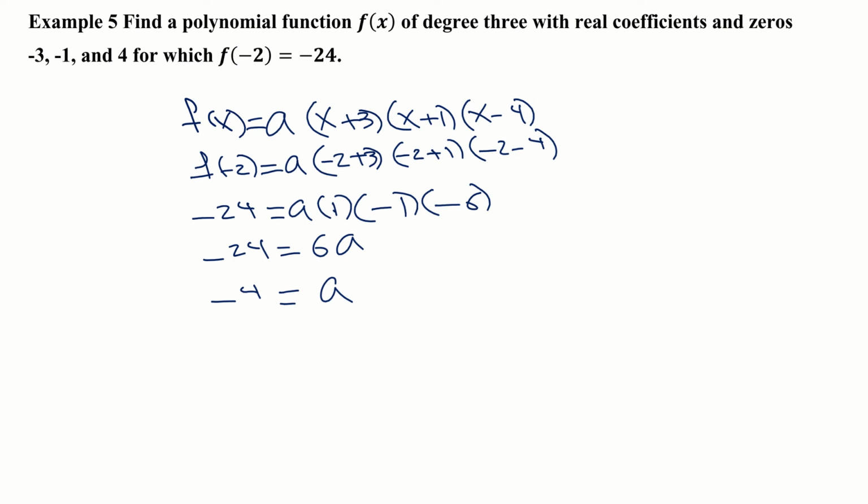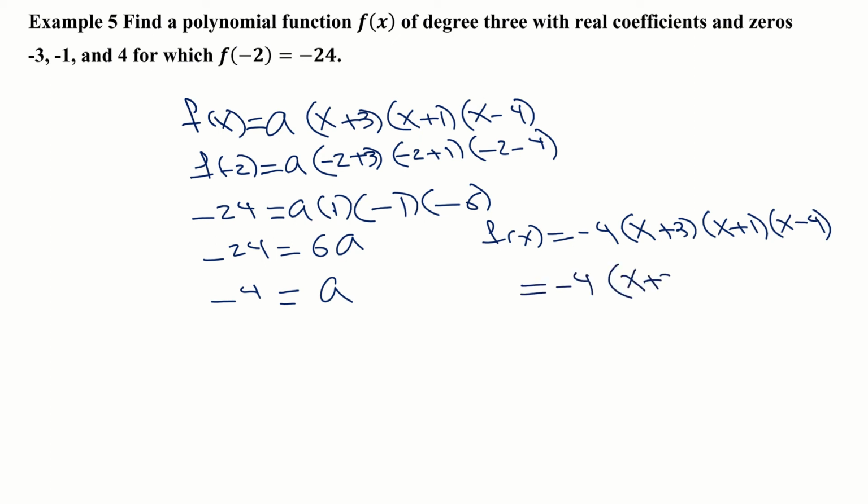So now we know our function f of x is going to be -4 times x plus 3 times x plus 1 times x minus 4. So now it's just a matter of multiplying it out. So we get -4 times x plus 3. Let me go ahead and multiply those two out. So I get x squared.